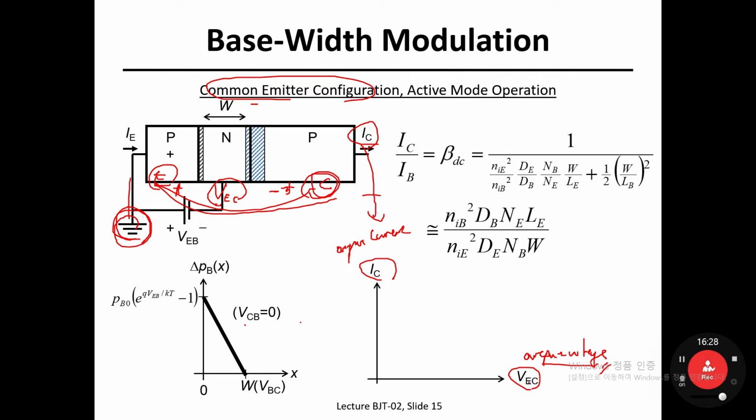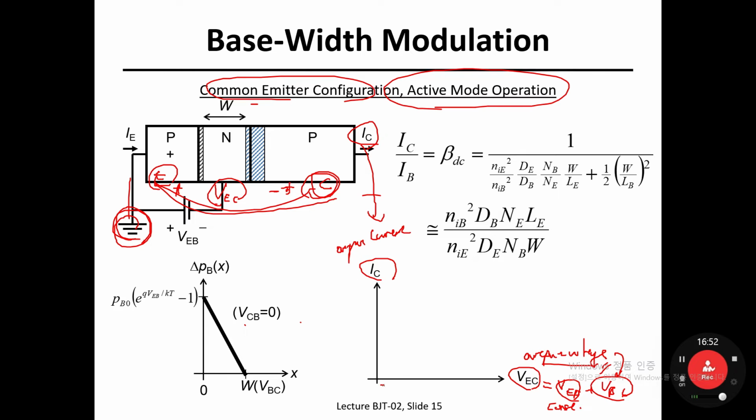And since VEC would be denoted as VEB plus VBC, okay? And previously I mentioned that in active mode operation, this VEB is constant. So in reality, the output voltage is effectively VBC.